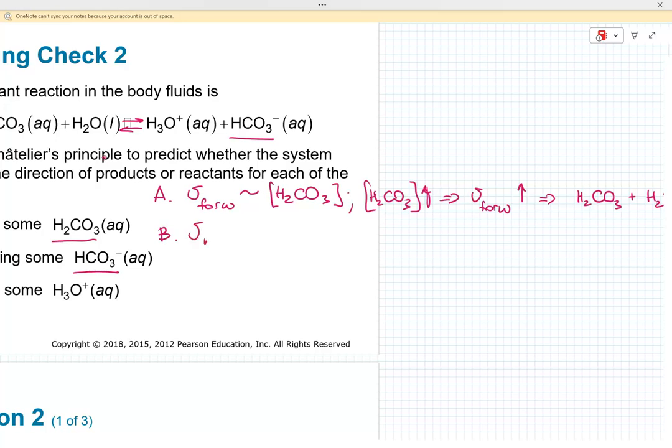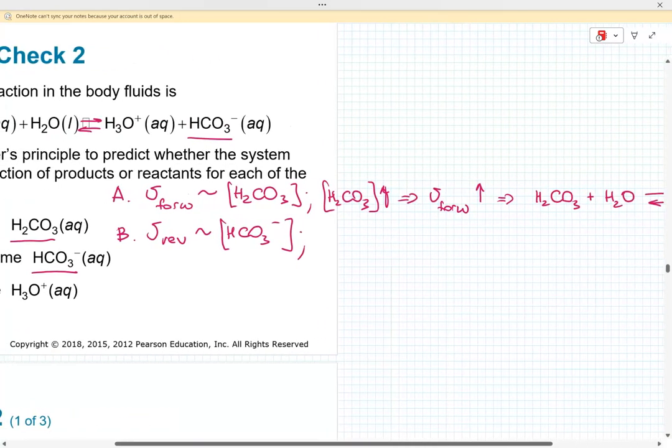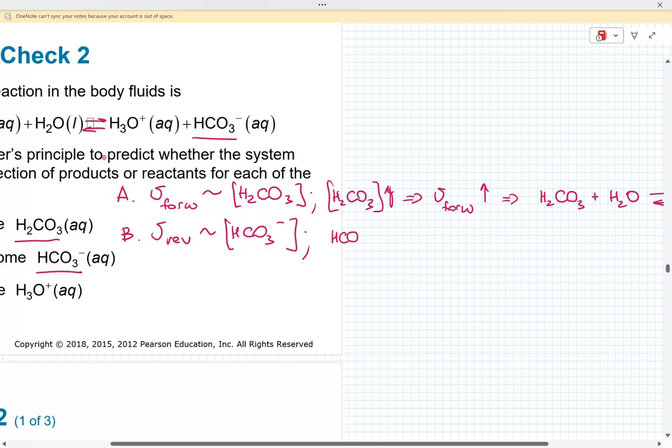So the rate of the reverse reaction is proportional to the concentration of bicarbonate, which means that, removing, yes, when the concentration of bicarbonate decreases, the rate of the reverse reaction also decreases.